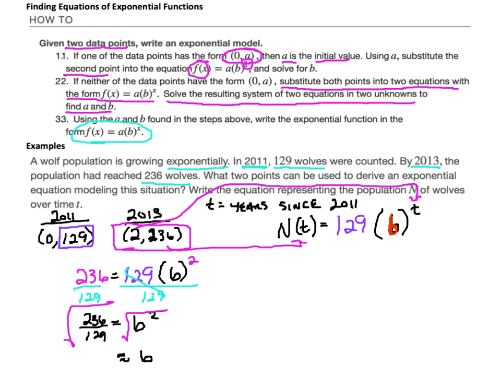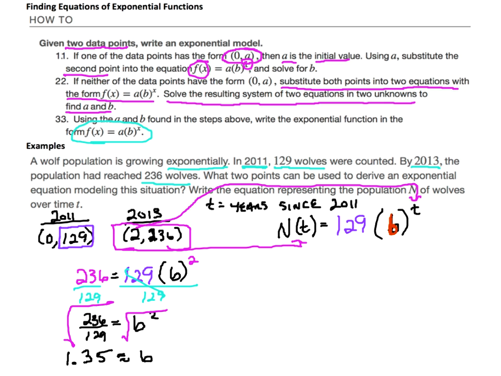It doesn't tell us, so we'll just round to the nearest whole number since we don't want partial wolves here. So I am getting a b value of 1.35.